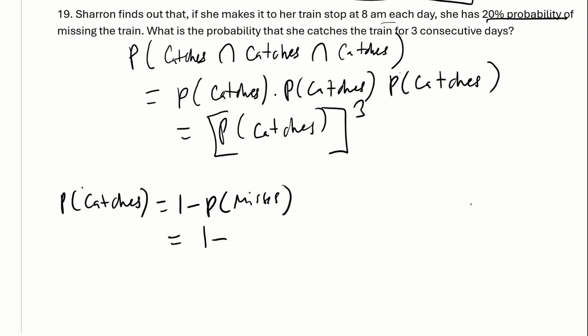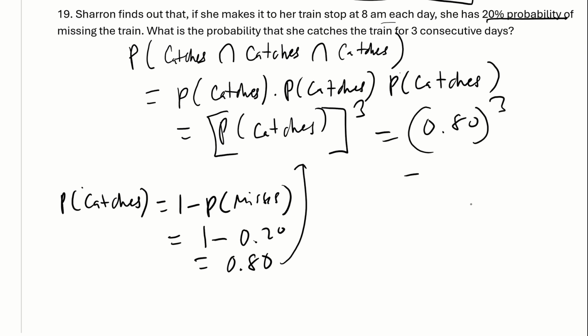And the probability that she misses the train is 0.20. So it's really 80% that she catches the train, right? So then we can plug that in there, okay? So we got 0.80 raised to the 3rd power, which is 0.512.